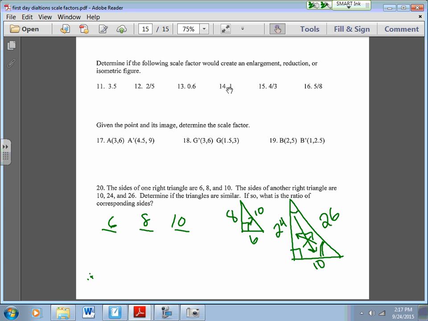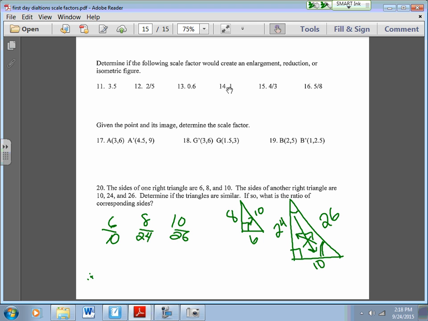So what side corresponds to 6 on the other figure? Okay, how about for 8? Okay, and for 10? Okay, do me a favor, do the 3 divisions, because those are your proportions or your scale factor.